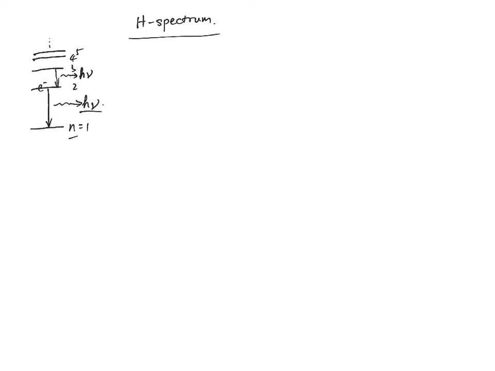Now, of course, hydrogen is the simplest atom out there of all elements. One electron. The majority of the atoms we deal with in Chem 115 have dozens or sometimes over 100 electrons.